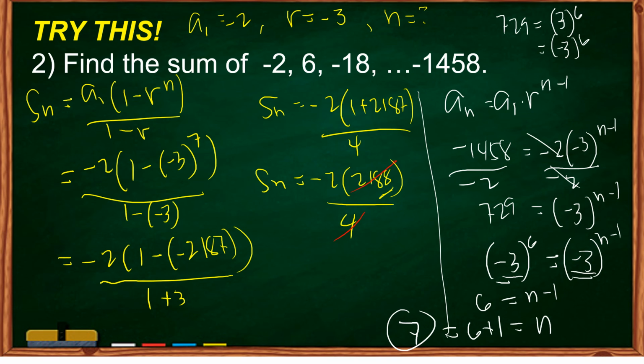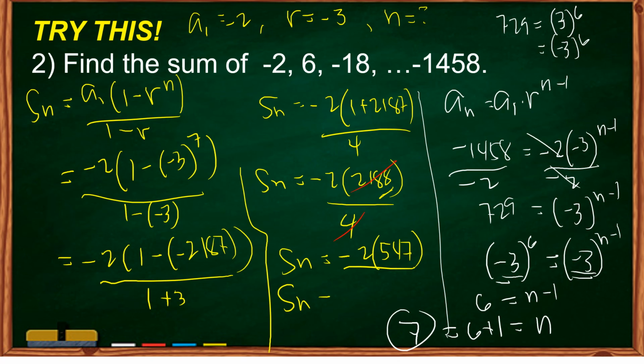So what comes out is S of n equals -2 times 547 divided by 1. Or you can say -2 times 547. So the sum is -1094. So this is your final answer.